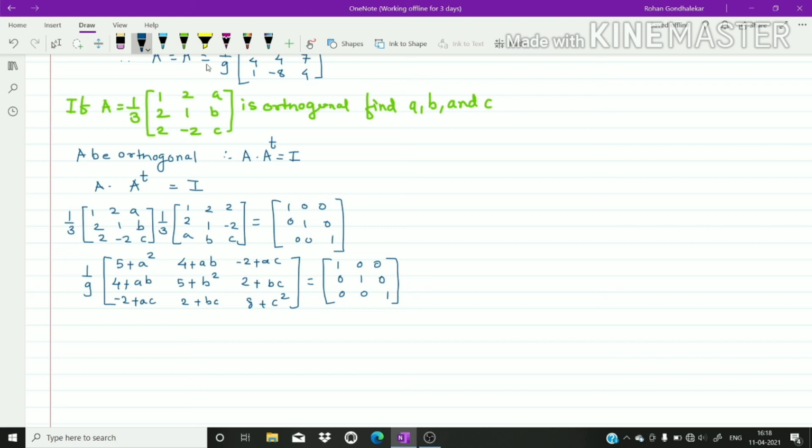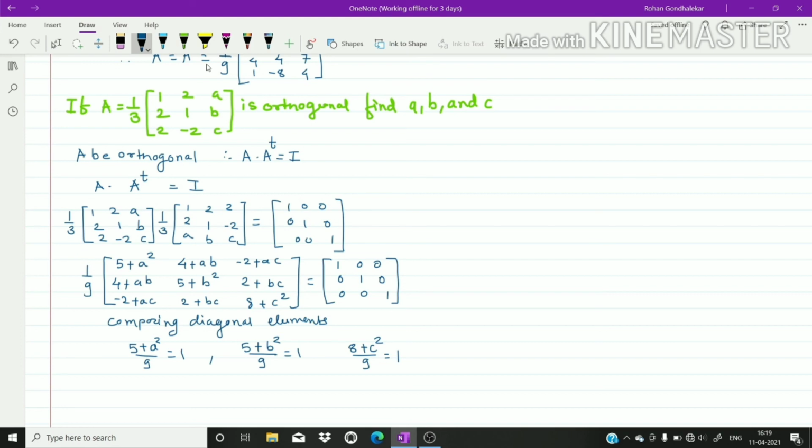So, comparing diagonal elements: 1 upon 9 into 5 plus a square, so 5 plus a square upon 9 is equal to 1. From the second diagonal entry, we get 5 plus b square upon 9 is equal to 1. 8 plus c square upon 9 is equal to 1.